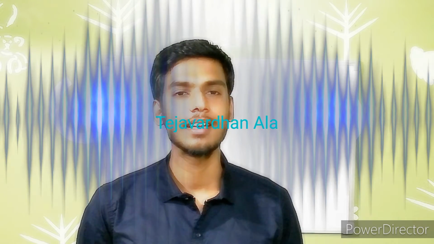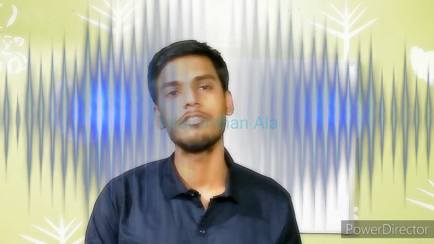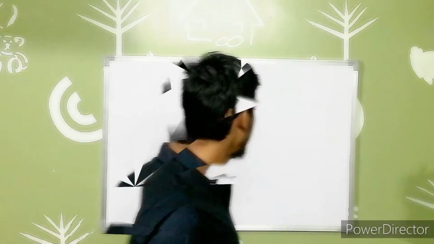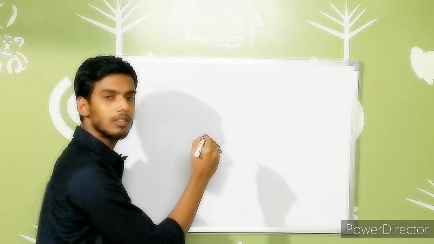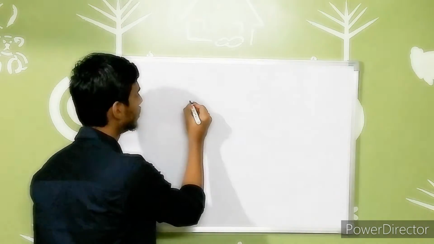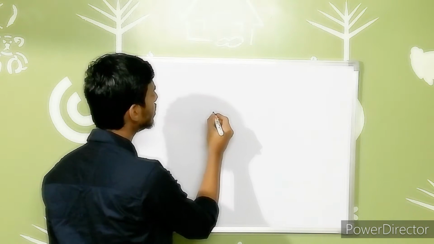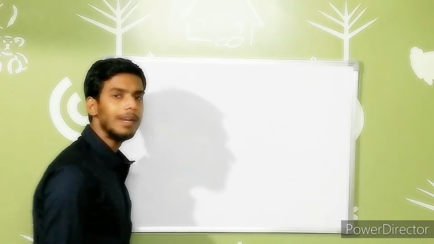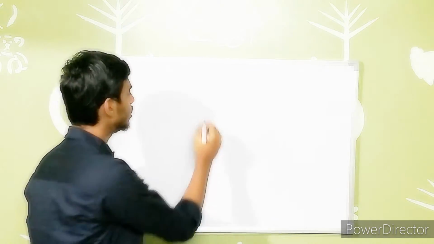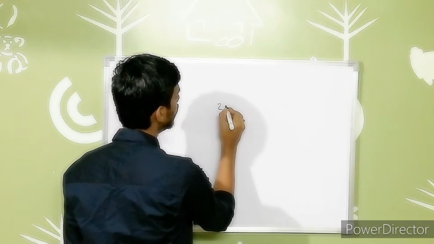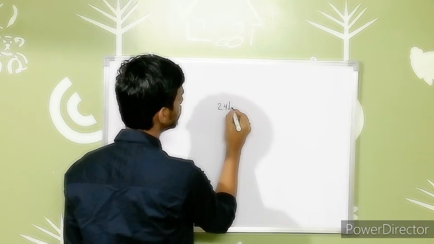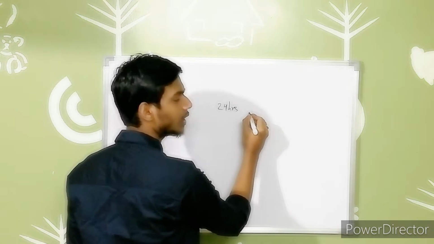So as I said earlier, let's see the problems in calculating the time zones at different regions depending upon the longitudes and latitudes, as we discussed earlier, right? The main concept we have to remember while doing these problems is that the Earth takes 24 hours for one complete revolution.